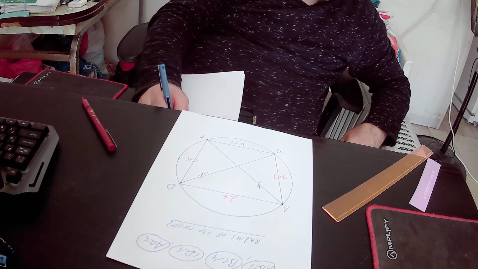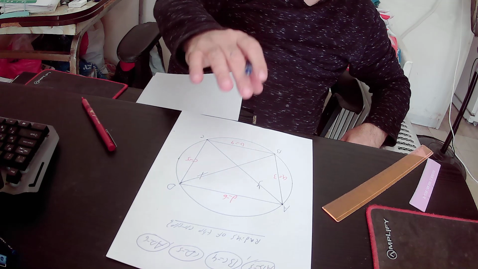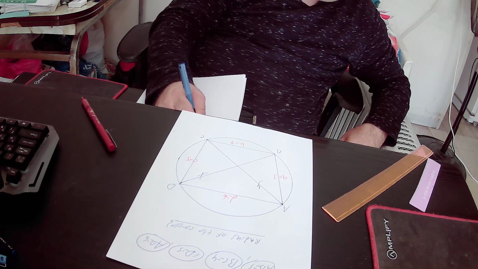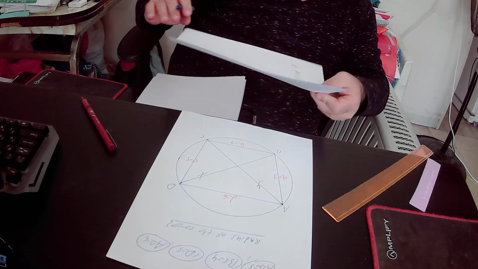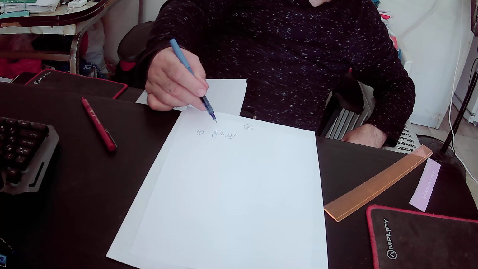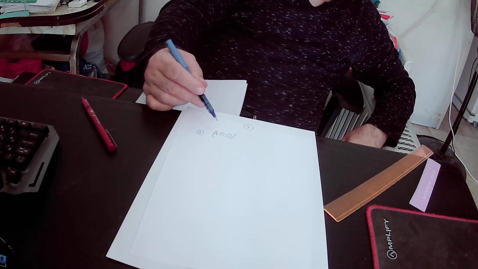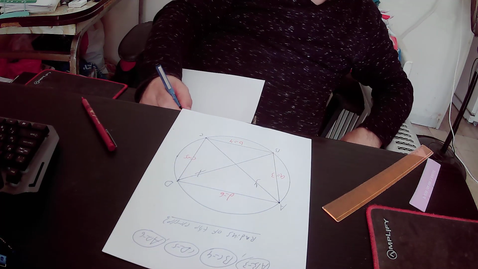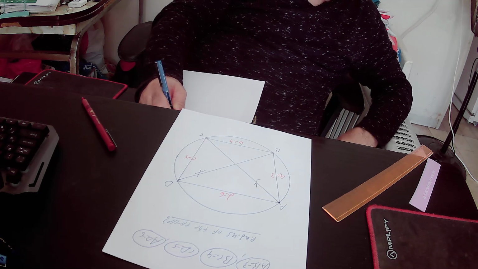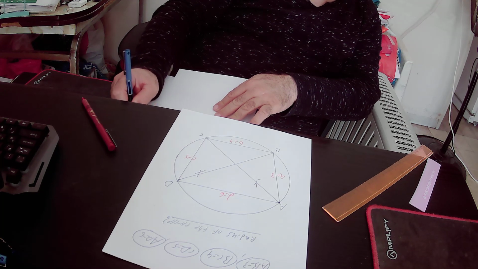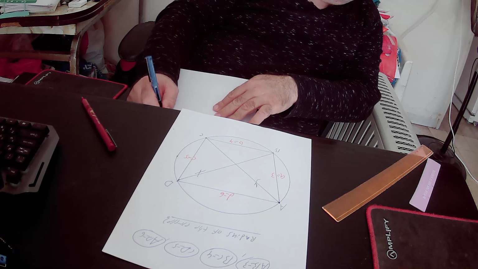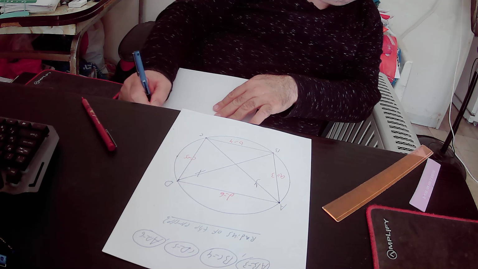According to rule number 1, the area of this quadrilateral ABCD, I will repeat again, that is the sign of area of quadrilateral ABCD, equals, according to rule number 1, the root of (s minus a) times (s minus b) times (s minus c) times (s minus d).